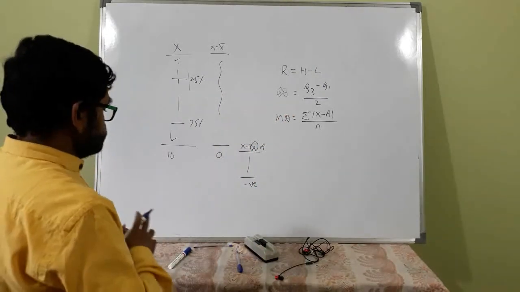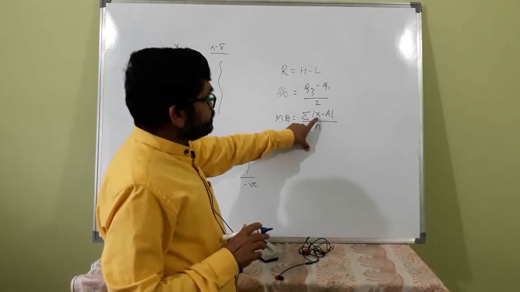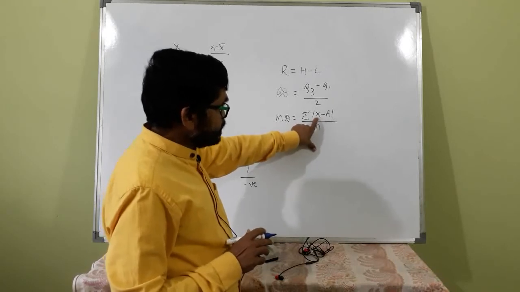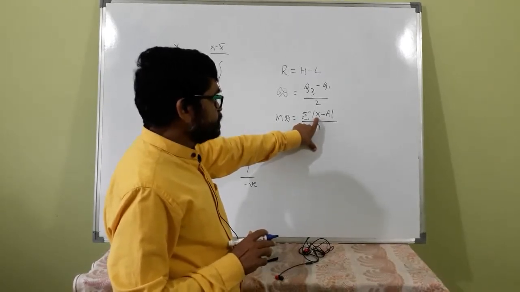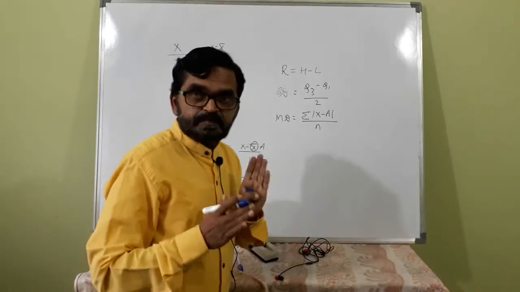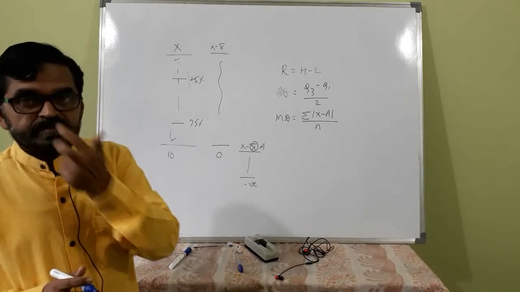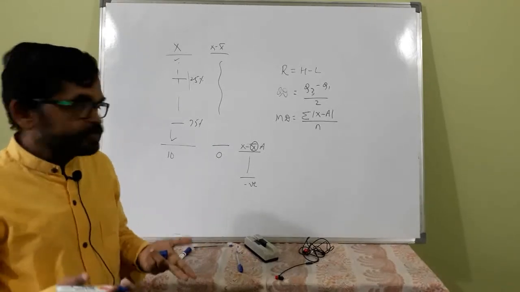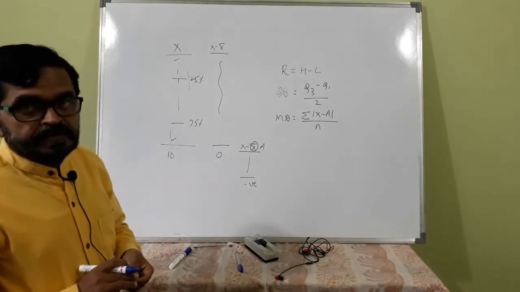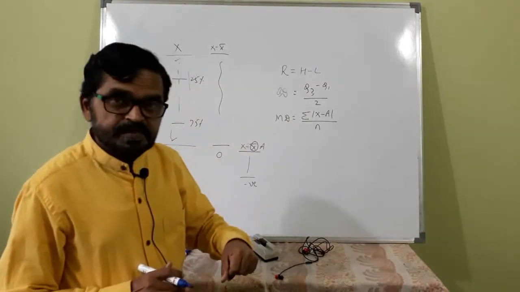So mean deviation is defined for all the values, it considers all the values, but taking the absolute value, the modulus, is not mathematically logical. Even though the deviation is negative, we are taking it as positive, which is not correct. And it cannot be used for further analysis.